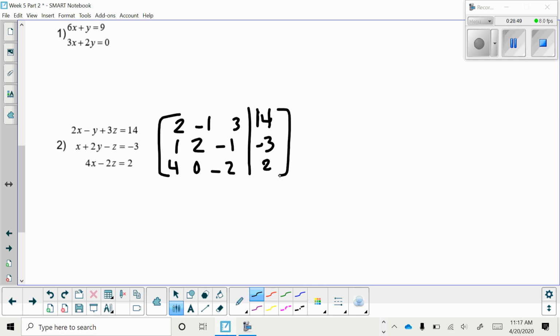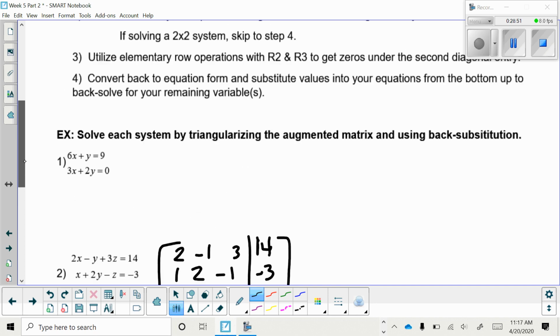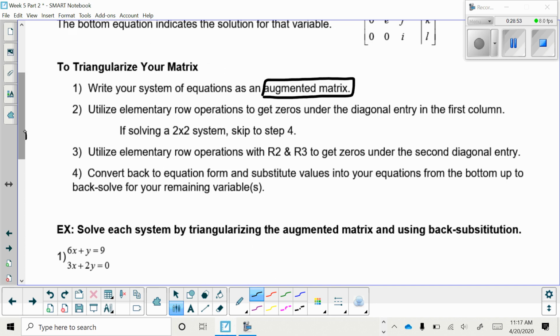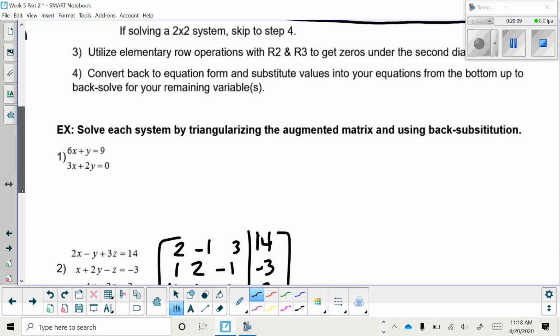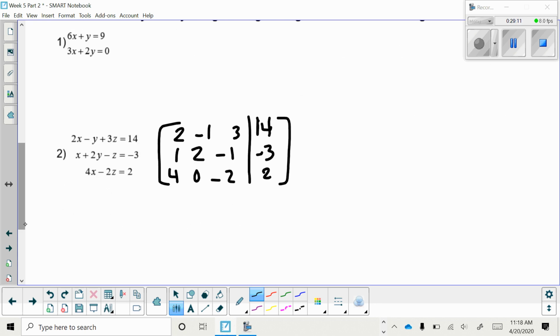Now go back and look at your step 2. Use row operations to get zeros under the diagonal entry in the first column. So let's be sure we know exactly where that is.